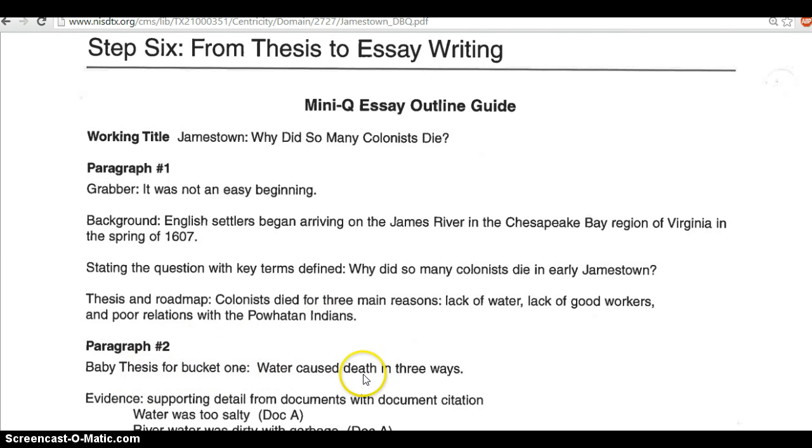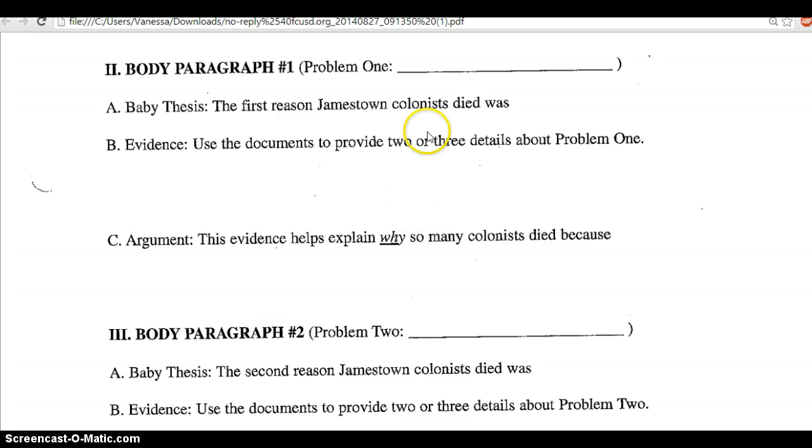You're going to use water caused death in 3 ways. So copy that down now for reason 1 or make up your own. So after you wrote it in this first little spot here, you're going to copy the same exact reason again, so you're repeating it in this next little blank area again.